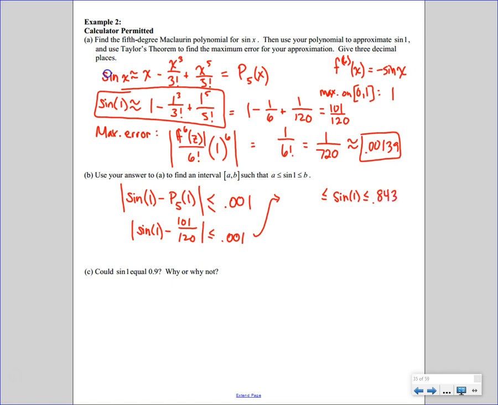What's on the other side? Does that make sense? Use plus or minus 0.001, but the answer is not plus or minus. Did you round or did you not round the fraction?